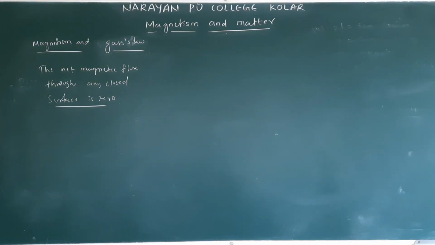Magnetic flux through any closed surface is 0. But electric flux through any closed surface is equal to 1 by epsilon naught times the total charge enclosed. But here it is not like that. It is 0. So how do we write this statement?